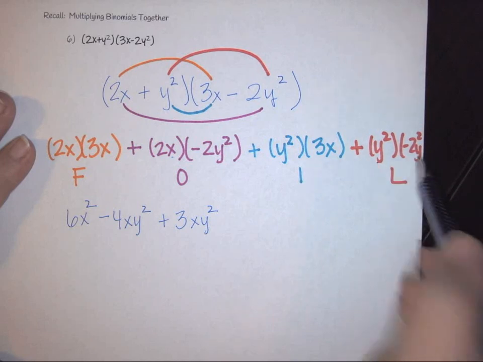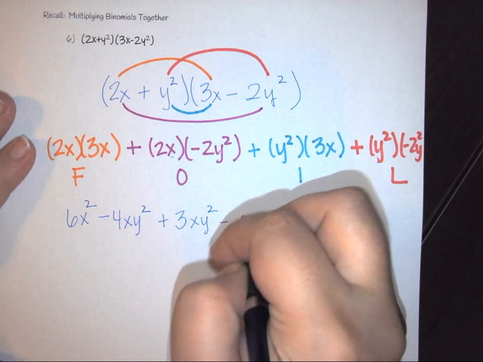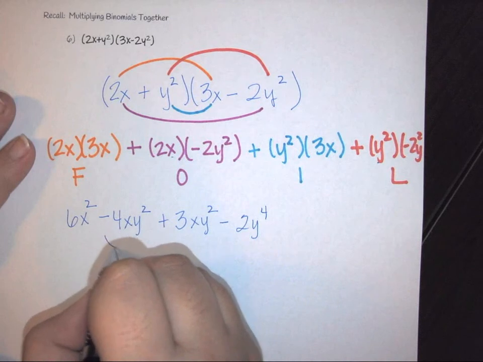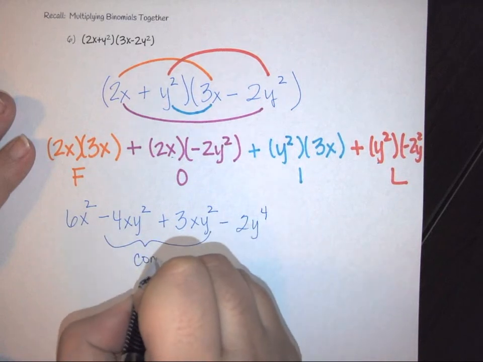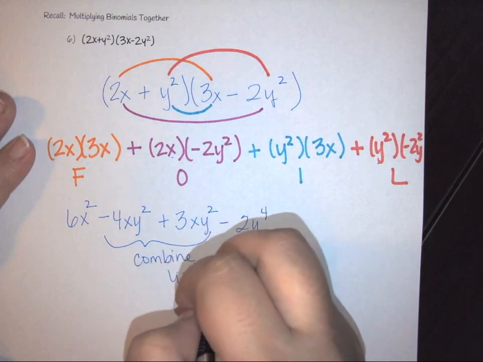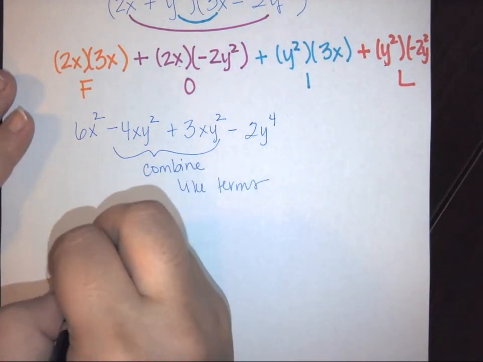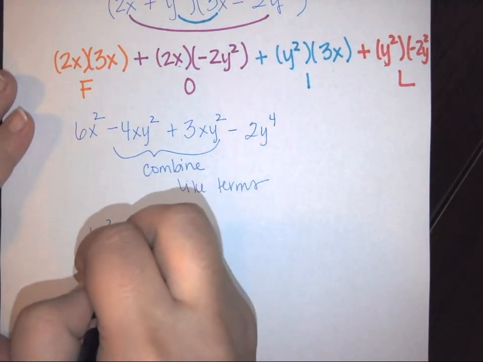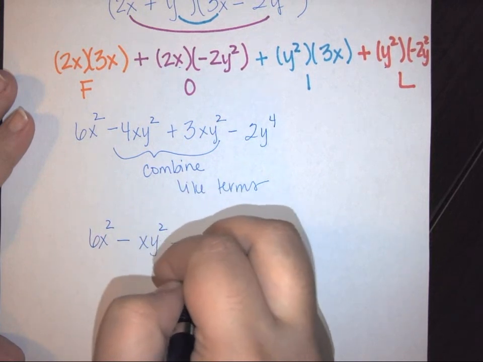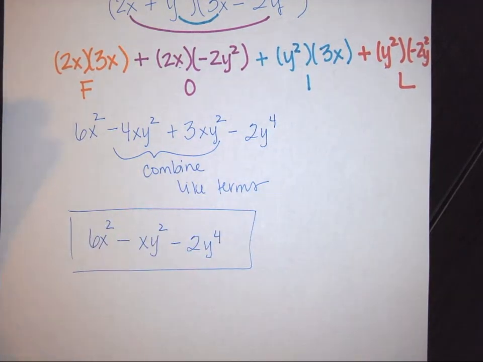And then I have y squared and a negative 2y squared, so this is going to be minus 2y to the 4th. The last thing you need to do is combine here in the middle, because this is combining your like terms. So I'm going to be left with 6x squared minus xy squared minus 2y to the 4th. And this would be your trinomial.